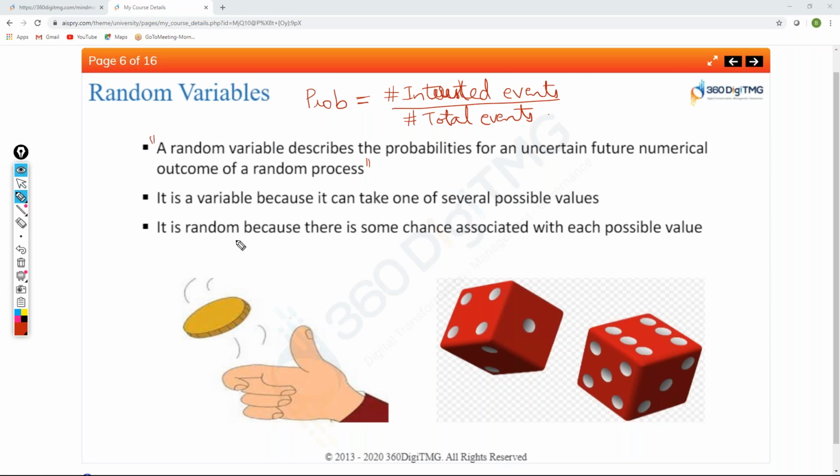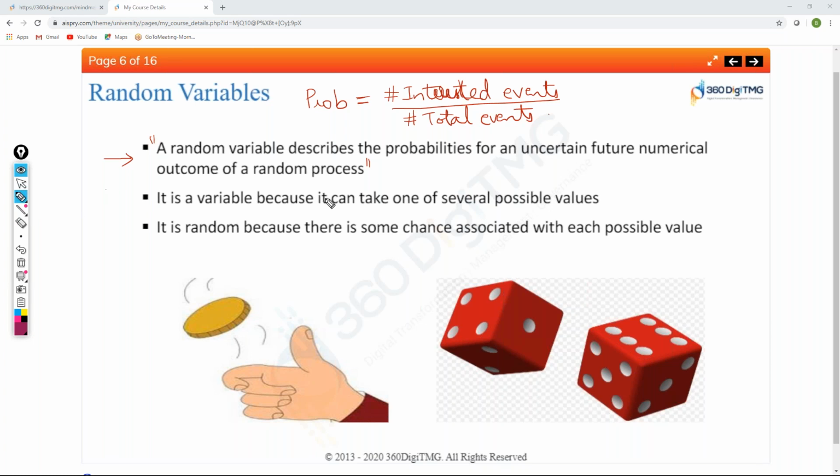I don't know about you all, but when I read this for the first time, I was completely lost. This random variable describes the probabilities of an uncertain future numerical outcome of a random process. Oh my God. So we thought, let us explain these concepts to our participants the way we all would like to be explained.